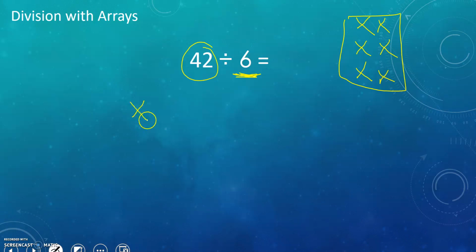So I would say 1, 2, 3, 4, 5, 6. So I've got my first row of 6.